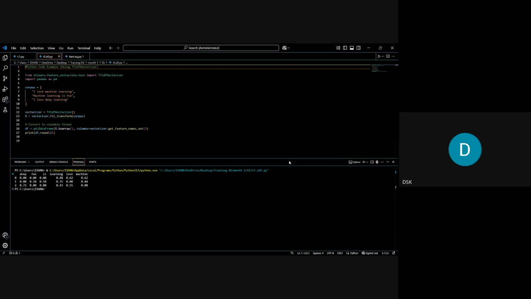It is great for tasks like document classification, search and relevance ranking. So this is for the TF-IDF vectorizer.